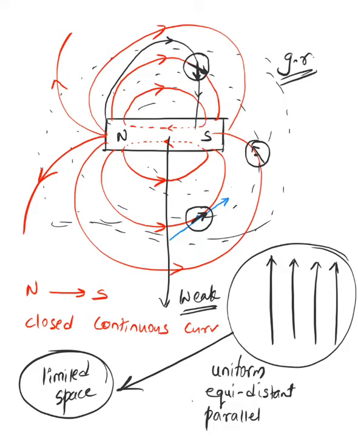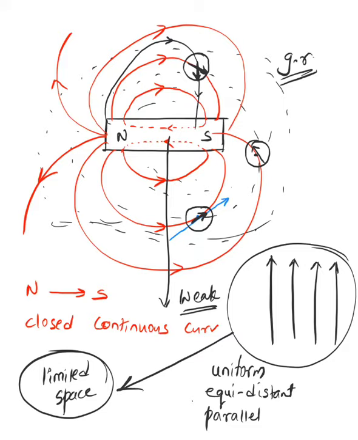There's one more property: they behave like stretched elastic rubber strings. Let's say you have a stretched rubber string, and if you pluck it in the middle, what will happen? Like a guitar string, it will vibrate for some time and come back to rest.